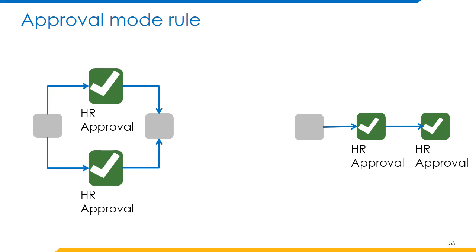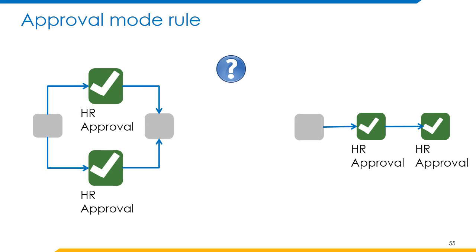Serial mode is a mode wherein the first approval is going to be sent for a decision, and after a decision is taken at the first approval, the second approval is going to be processed. In the parallel mode, both the approvals are sent in parallel to all the approvers. After all the approvers take appropriate decisions, the final decision is being made.